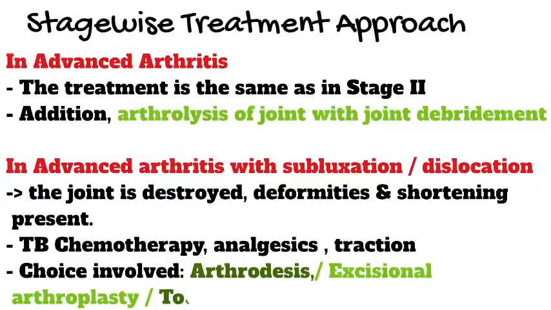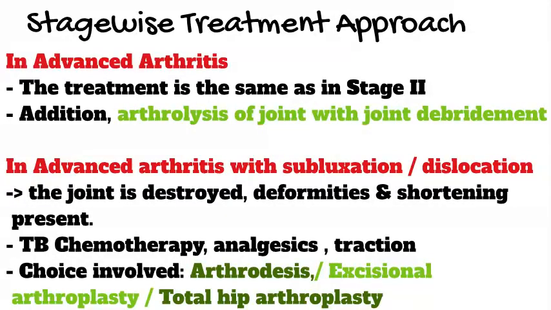The management is TB chemotherapy, analgesic, traction. The choice of surgical intervention involves arthrodesis or excisional arthroplasty or total hip arthroplasty.